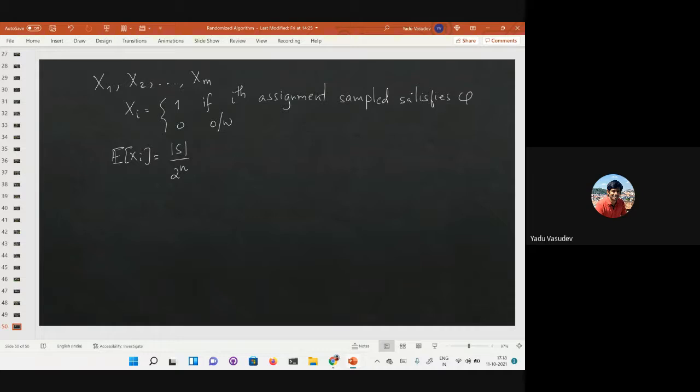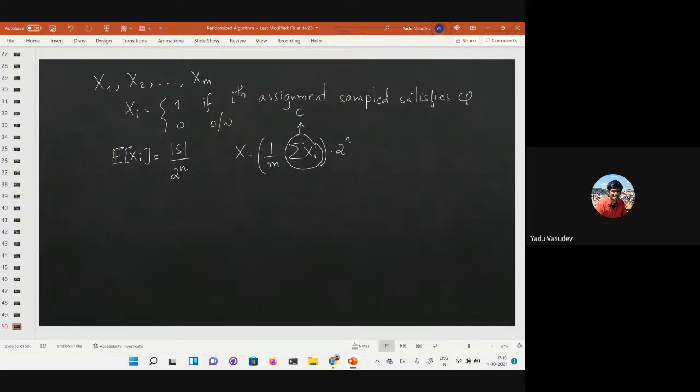And x, the way it was defined, is 1 over m times the summation of xi, the whole times 2 power n, because this is the quantity c.